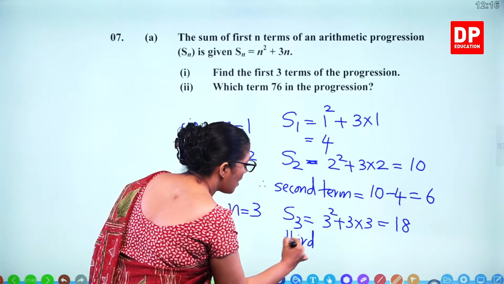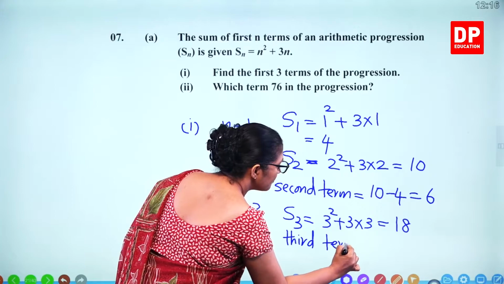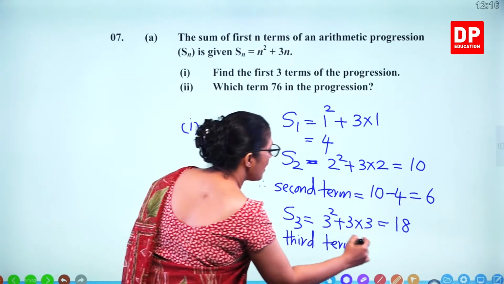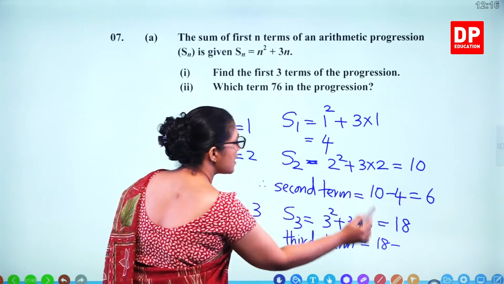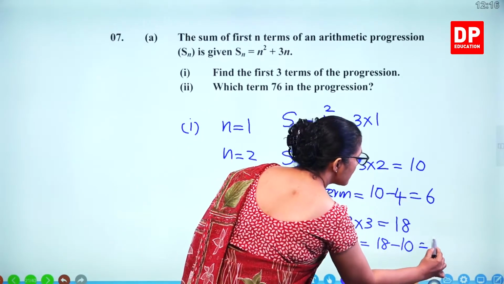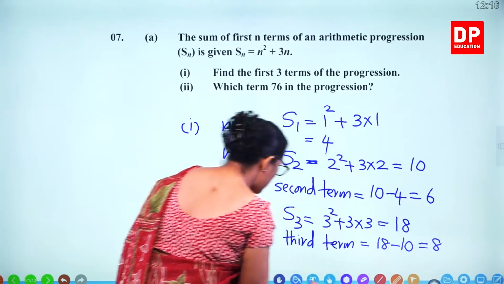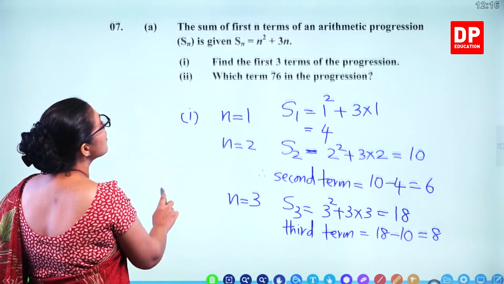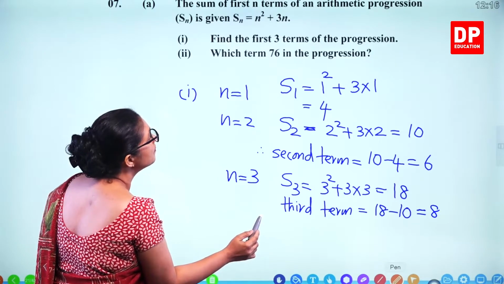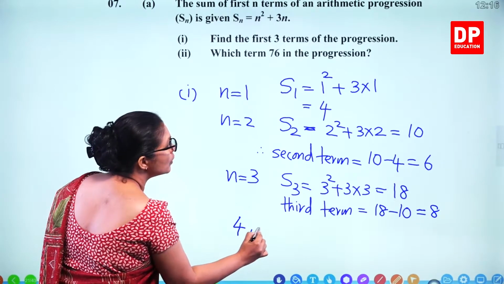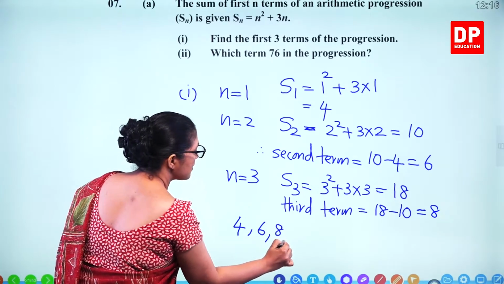Third term becomes 18 minus 10. That's 8. So what are the first 3 terms? The first 3 terms are 4, 6, 8.